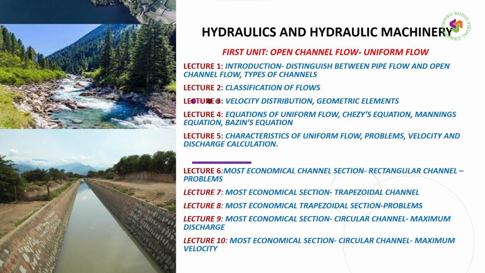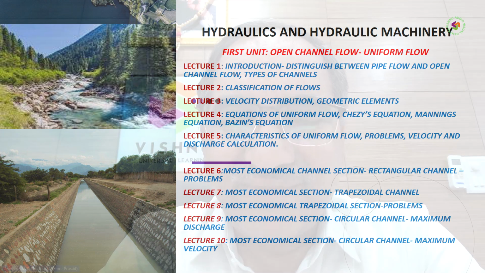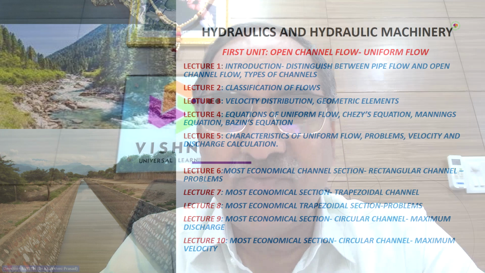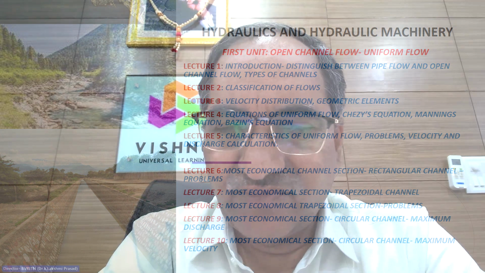We devote this lecture to discuss channel transition related problems. In the previous lecture, we discussed what a channel transition is and what types of transitions are provided in open channels. There are two types.